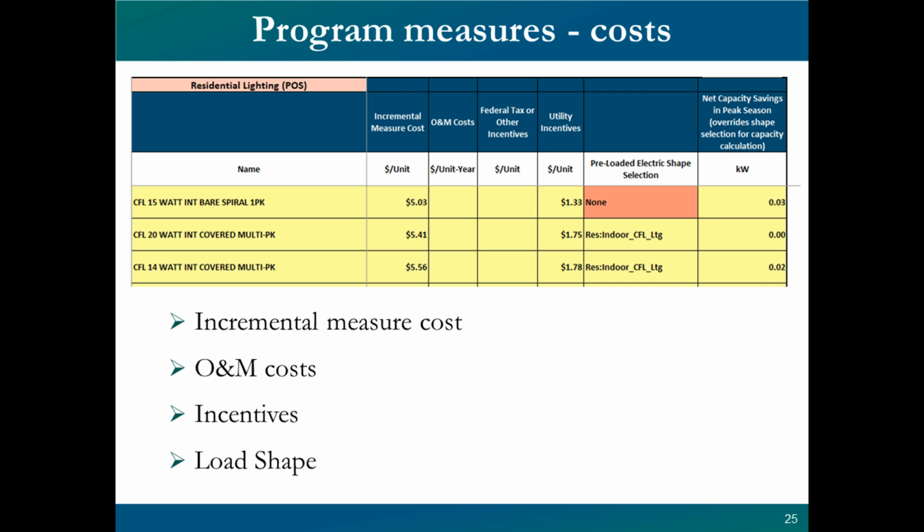There is an incentive that the utility is paying per light bulb, and then a load shape associated with, in this case, lighting. And if no load shape is selected, you'll see conditional formatting highlighting that, and that's to prompt the user to go in.